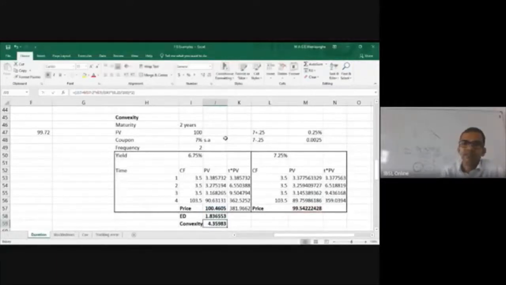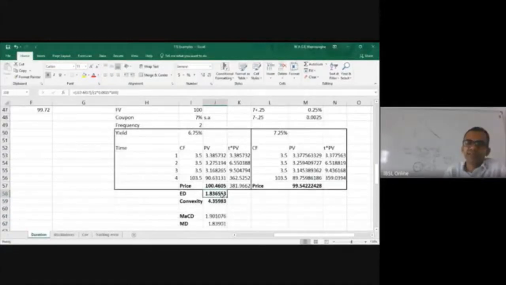So then you get effective duration, ED means effective duration, as 1.83. Now you can see if you calculate the Macaulay duration, that is this 381 divided by 100, you get 1.90.